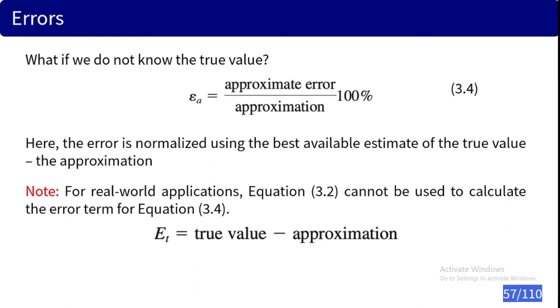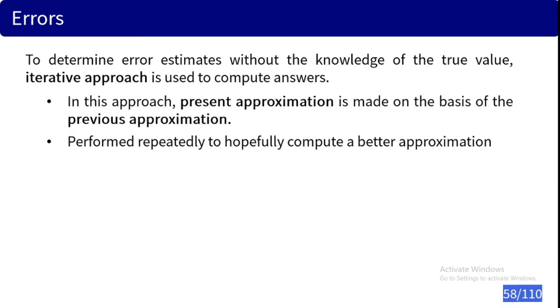So there is equation 3.4 kan approximate error o kaning relative approximate error. We should not use diyan to gamiton ang equation 3.2 nga katong true error kay wala man ta kabalo gyud sa true value. Hence ang gamiton nato is ang approximate value lang. Okay. So sa man to paggamit nga na approximation then in lieu sa true value is mogamit ta sa ato approximation.